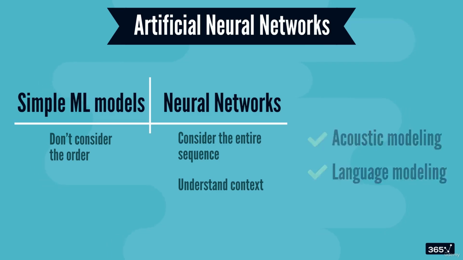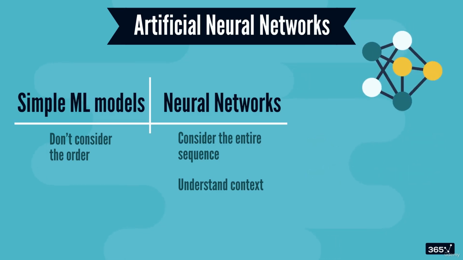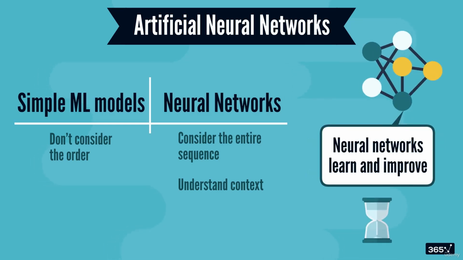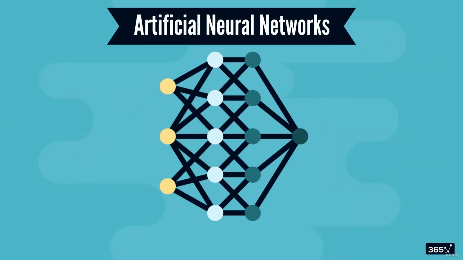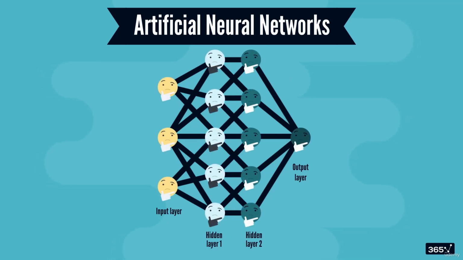Okay. Neural networks are built using algorithms that help them learn and improve over time. To understand how they work, let's look at their structure. Neural networks are organized into layers: an input layer, one or more hidden layers, and an output layer. Consider each layer in a neural network as a group of tiny decision makers called neurons or nodes.